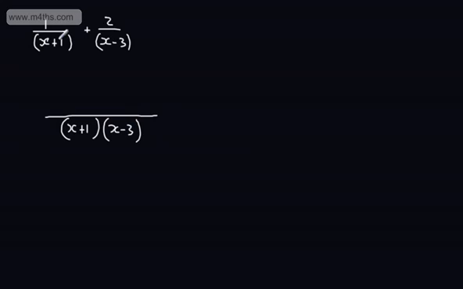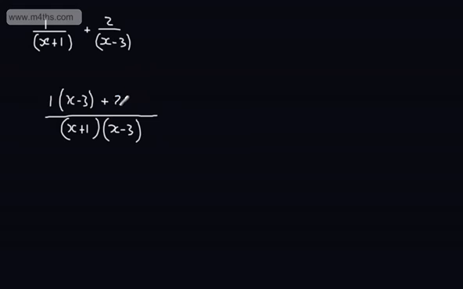I say to myself, what did I multiply this fraction by to get the common denominator? And the answer is I multiply the numerator and the denominator by the x minus 3. So all I've got is one lot of x minus 3. What did I do to this fraction to get the common denominator? I multiplied top and bottom by the x plus 1.